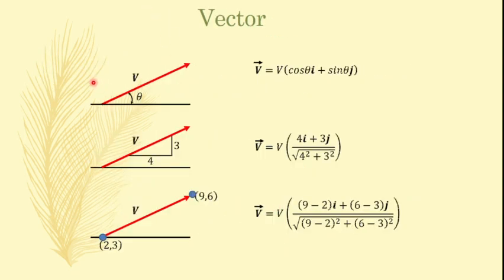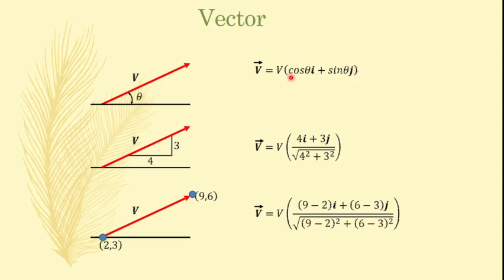Now how can we represent a vector? Suppose this one is a vector v which makes the angle theta with the horizontal line. Then this vector v is represented by v, that is only the magnitude, times cos theta i plus sin theta j, which is the unit vector.